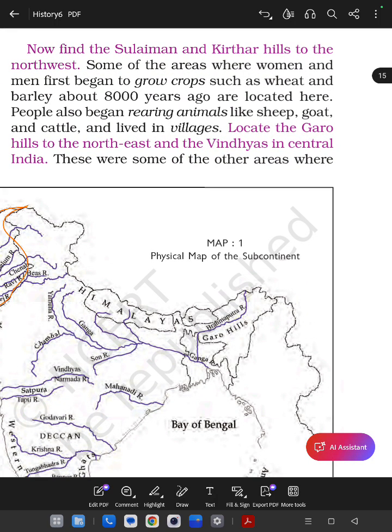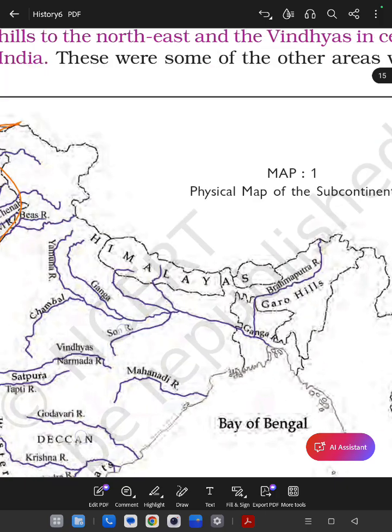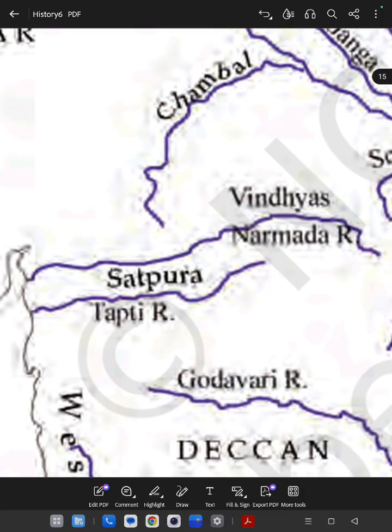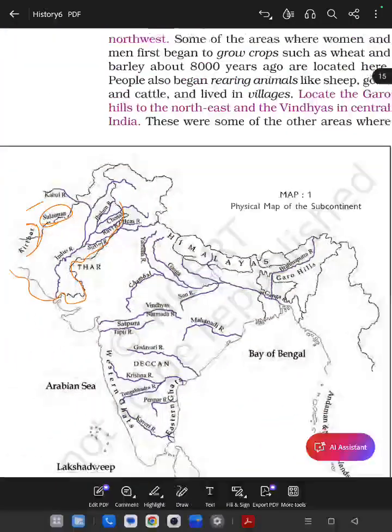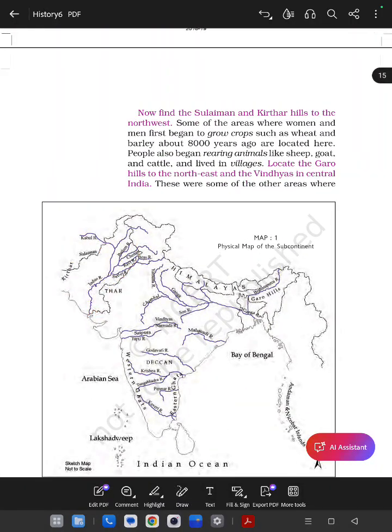Now look at the Garo hills to the northeast and the Vindhyas in central India. We have already seen the Vindhyas, Satpura, and in between there is the Narmada river. Coming to the Garo hills, as it is UPSC, we have to go through each and every topic in detail.